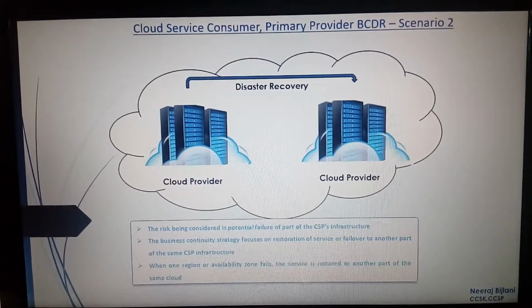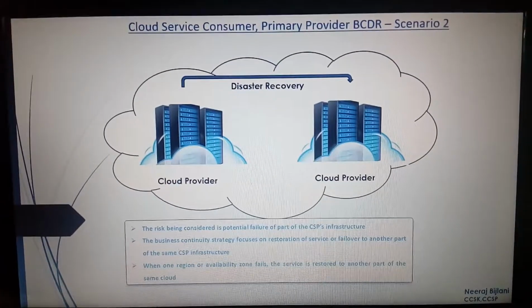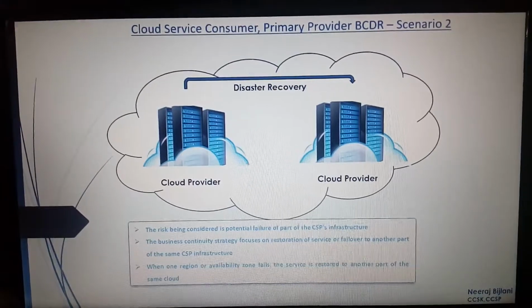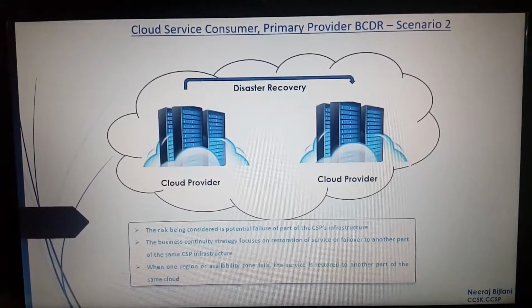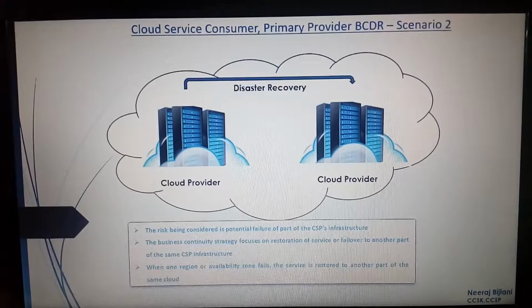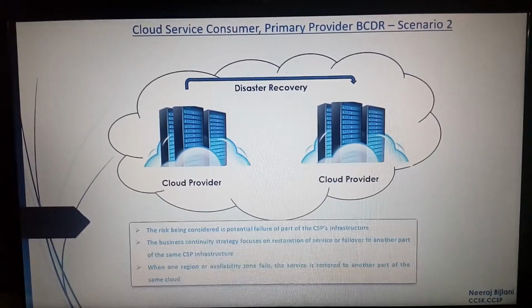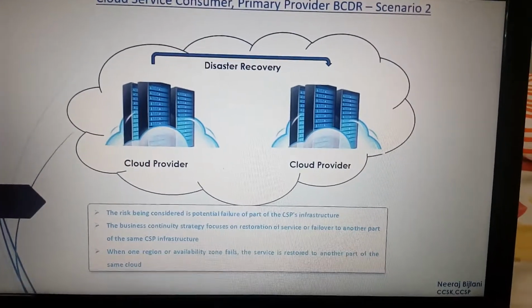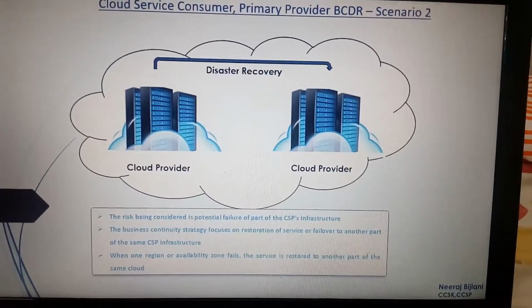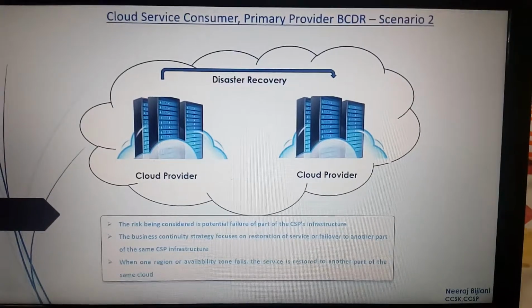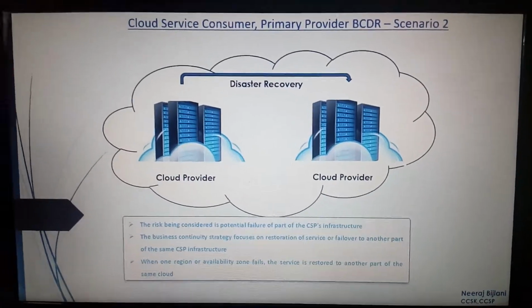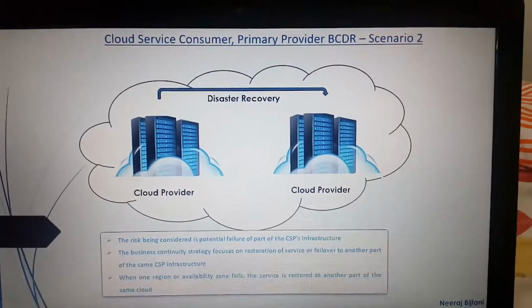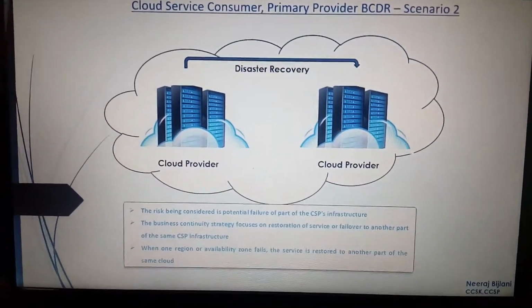In this second scenario, the organization is already with the cloud provider, so they are just moving to one more region or availability zone where risk can be mitigated in the case of disaster. That is a good option. Most organizations go with this cost-effective measure because it is the same provider, and just the region or availability zone is different.